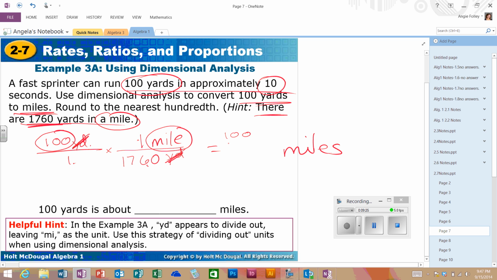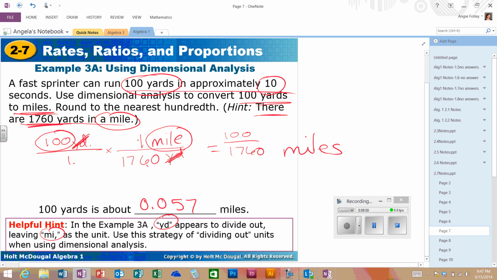So 100 divided by 1,760. If you plug that in a calculator, which I know I tell you not to use, but you're going to need it for this, or you could just move the decimal place over. You're going to get 0.057 miles.